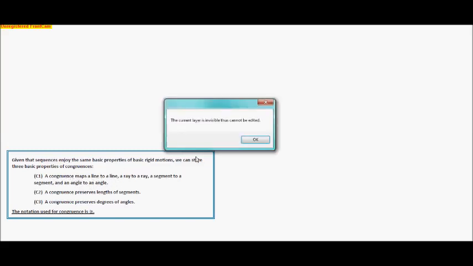Alright, so if you take a look at number one here, a congruence maps a line to a line, a ray to a ray, and a segment to a segment. And what that means, this word maps, is that it's like the image.